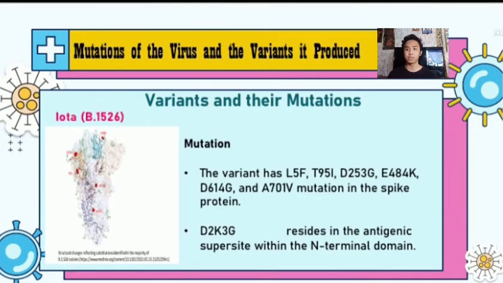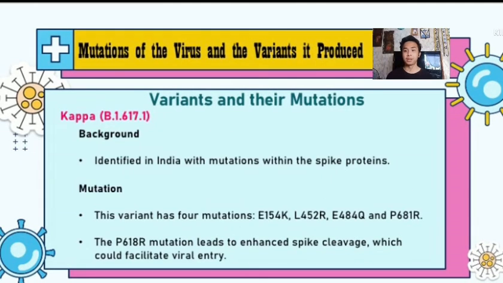The E484K spike mutation, which may help the virus evade antibodies, and the D253G mutation, which occurs in the antigenic supersite within the N-terminal domain, have been found in at least 48 US states and 18 nations by April 11, 2021.